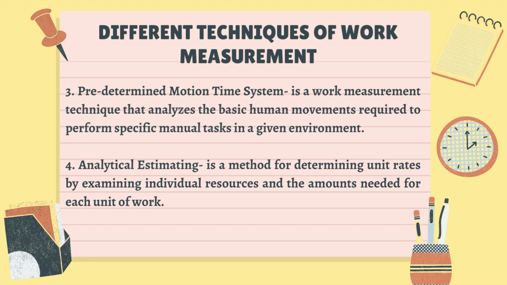For example, within half an hour, a highly skilled worker assembled 5 products. It means that in 1 hour, they can assemble 10 products in all. So that is analytical estimating.